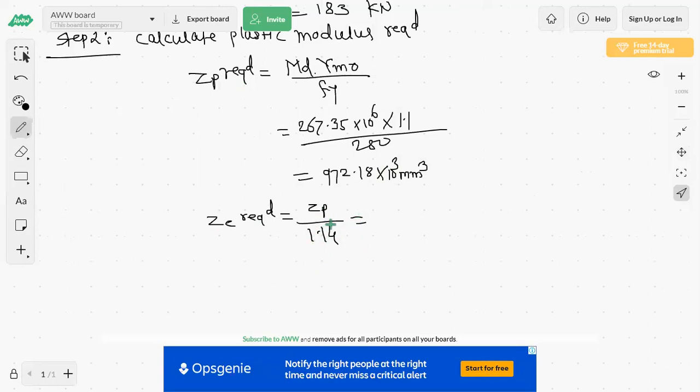So generally for beam we are using I section. If they have told in problem use channel section, then they will give you shape factor for the channel section in examination. Okay, so 972.18 into 10 raised to 3 divided by 1.14. So how much is this value into 10 raised to 3 in mm cube?